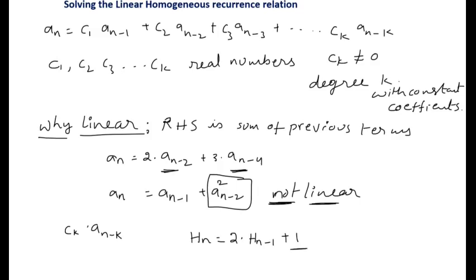If you observe here, the plus 1 is not in the format of Ck a_(n-k), so it is not homogeneous. One more thing, B_n = n B_(n-1). Here n is not a constant. C1, C2, C3, Ck are real numbers, meaning constants, so here n is not a constant.